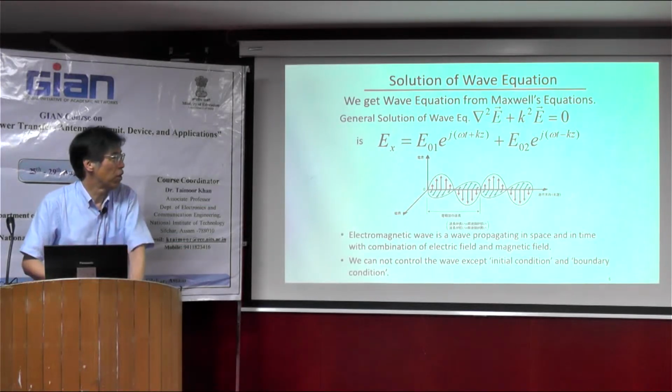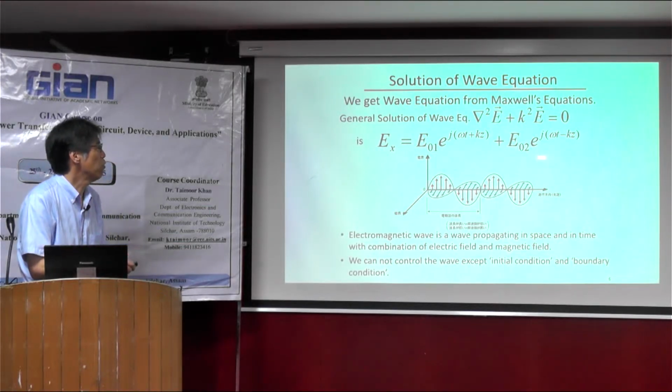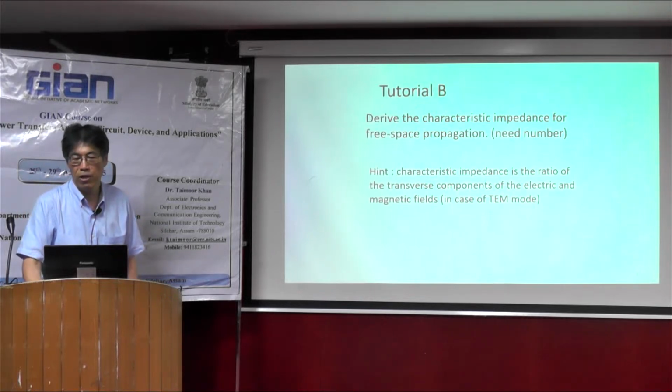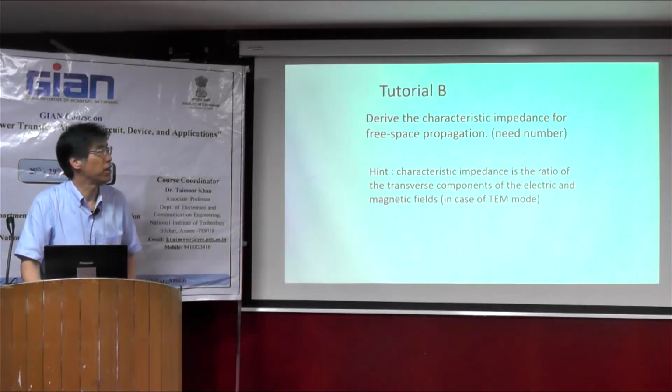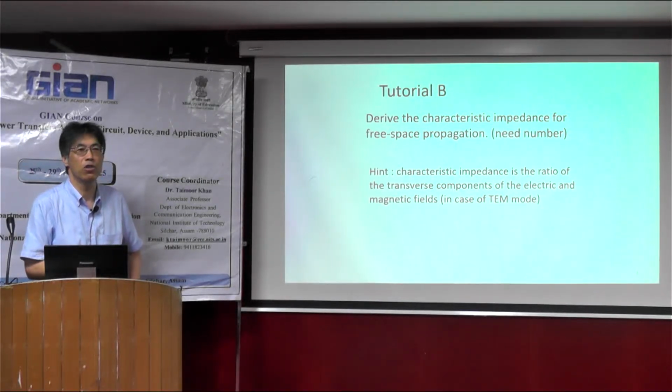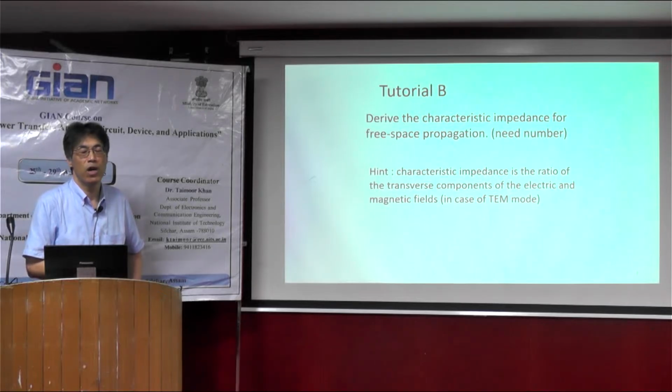And if we got this solution of the wave equation, next, this is tutorial B, and so it's an examination. So derive the characteristic impedance for the free space propagation. And I need a number itself, not characters, not parameters.